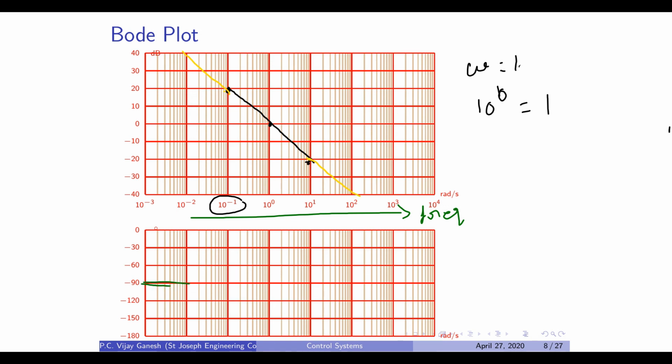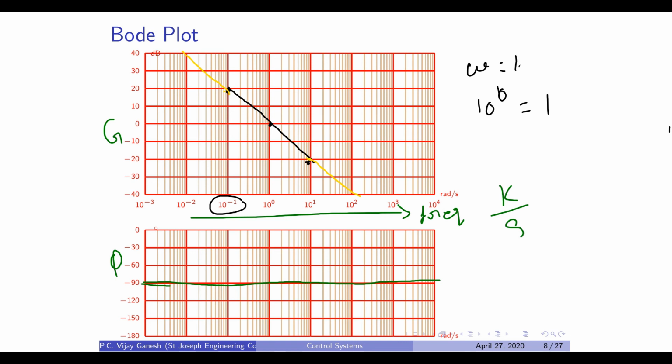For the phase, there is no phase change for all the scenarios, so I have to draw it exactly at minus 90 degrees. So this will be your phase and the gain in a Bode plot for the expression k by s. Here we have taken the k value equal to 1. If the k value changes, accordingly you will change the gain value.